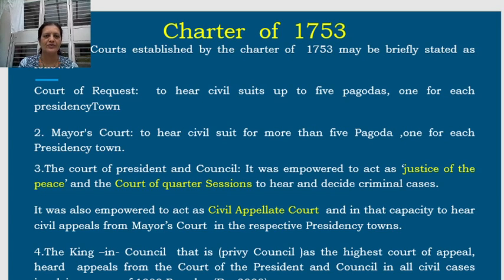Number 4, the King in Council, that is the Privy Council, which was the highest court in England. The Privy Council, as the highest court of appeal, heard appeals from the Court of the President and Council in all civil cases involving a sum of 1,000 pagodas, that is rupees 3,000 or more.